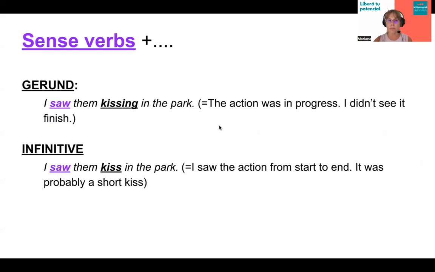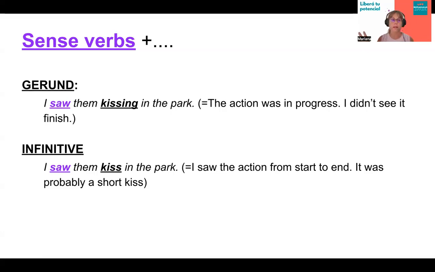So it's important to remember that verbs of the senses can also be combined with gerund or infinitives. Like I saw them kissing in the park. If you use the gerund, it means that when you saw them, they were kissing, and that's just what you saw.